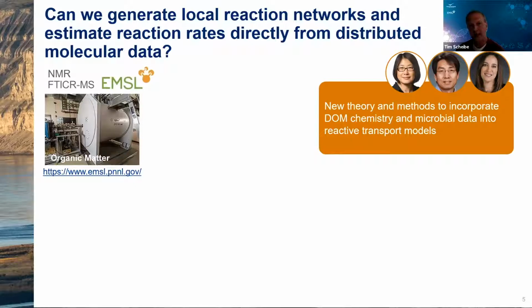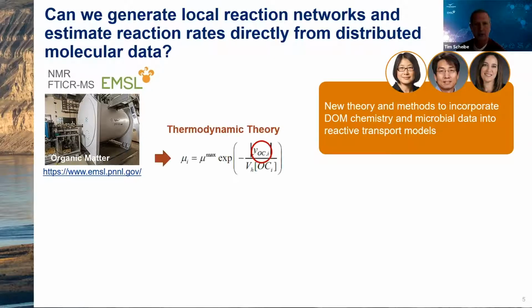So this really starts going back to what Will talked about today, the FTICR mass spectrometer at EMSL that we use to characterize organic matter, as well as other methods such as NMR. And so we can characterize with high resolution the organic matter in our systems, and with relatively high throughput as well, which leads directly to the kinds of models that Hyun has been discussing today based on thermodynamic theory, lambda theory.